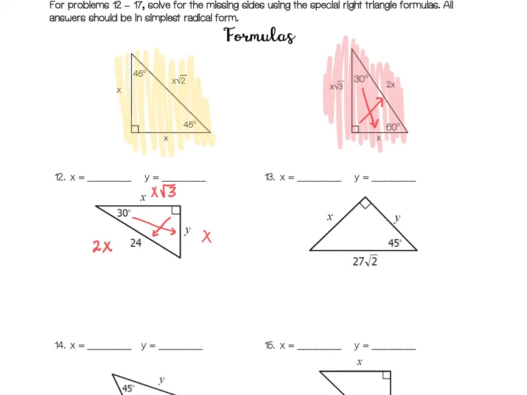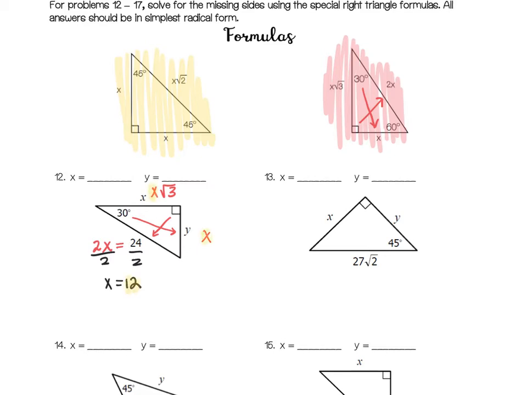Now, you're going to ignore their labels, so don't look at these until the very, very end of the problem. Whichever side has a label and a number, you're going to set those two equal. So right now, 2x equals 24. So I'm going to solve for x. x equals 12. Once you have x, you're going to take it and plug it into each of your labels.